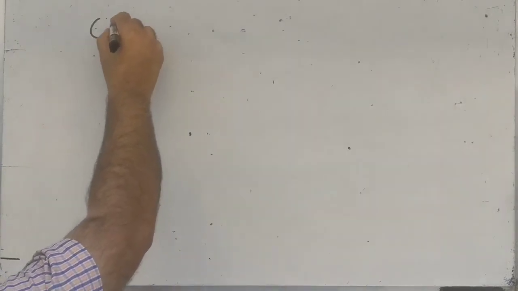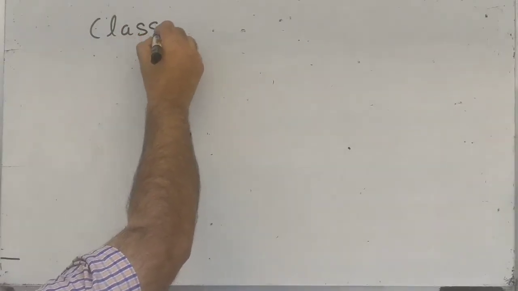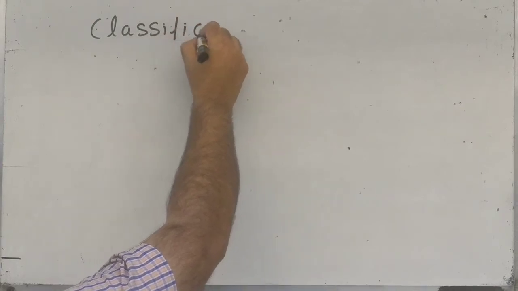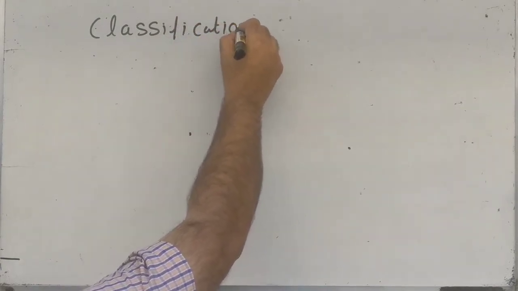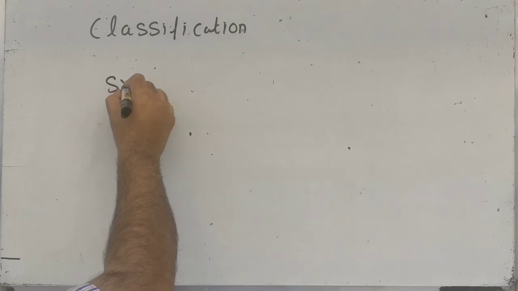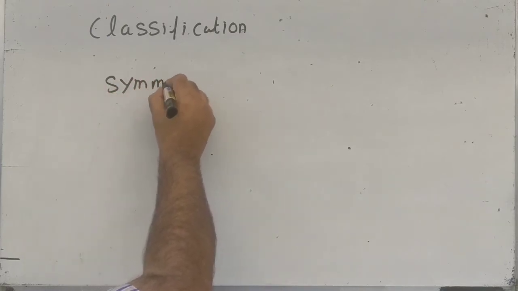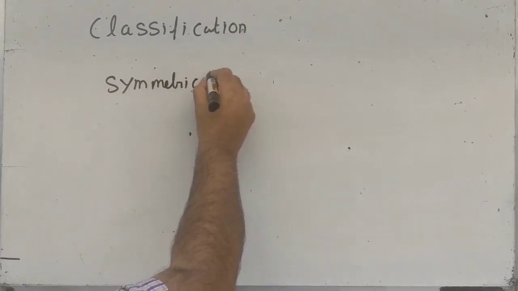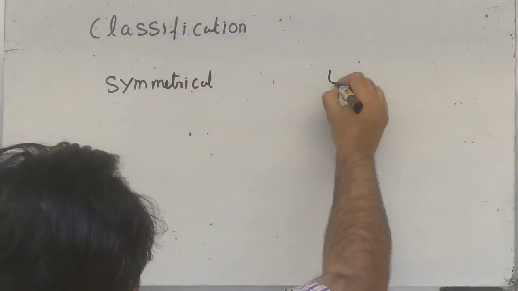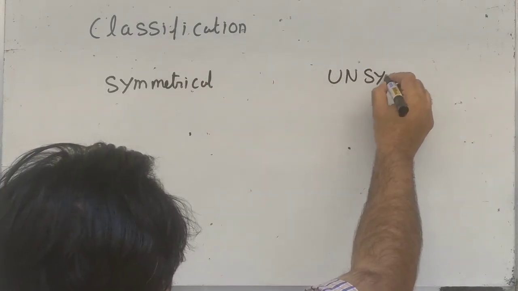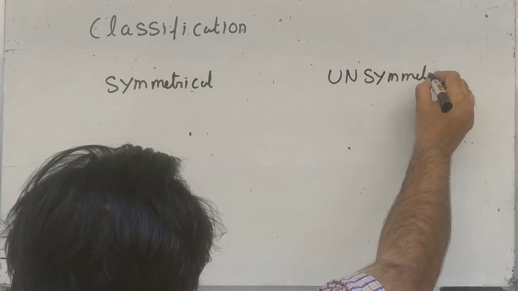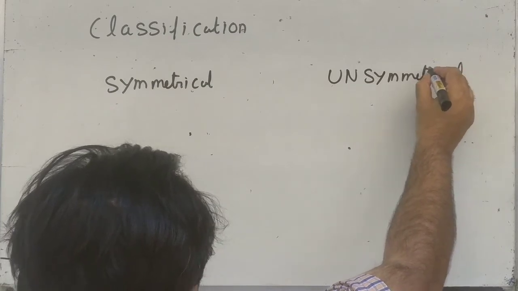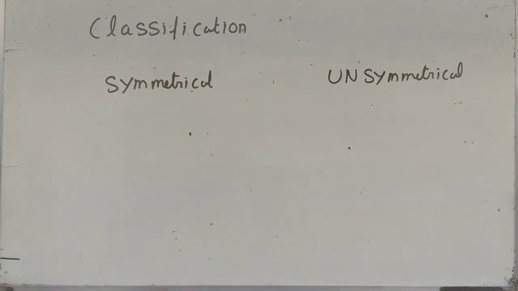Now next, let us discuss the classification of ether, which is very, very simple. We can have two types of ether. We can have a symmetrical ether, and we have unsymmetrical ether. Let me give one example, and you find out yourself what symmetry means and what unsymmetry means.